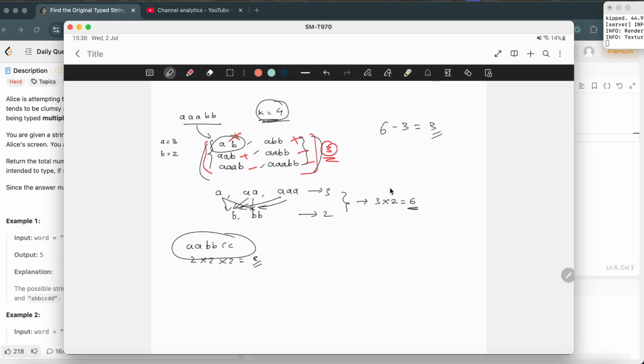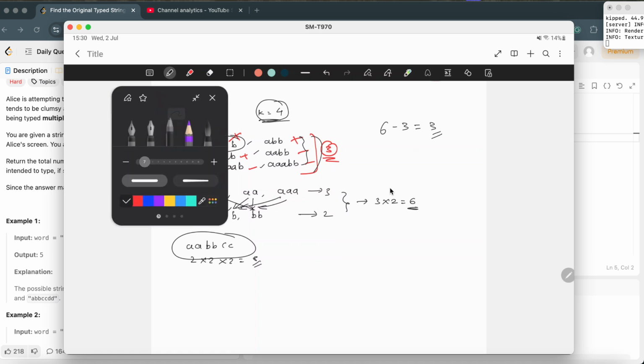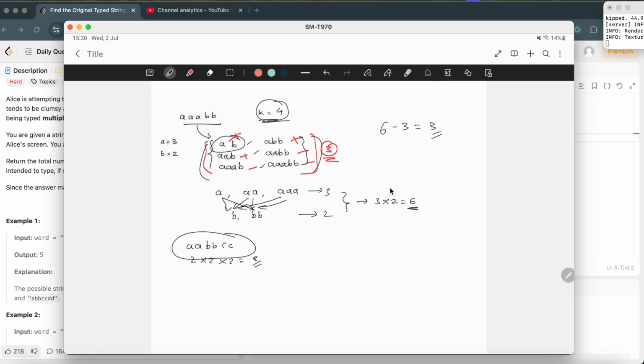So now the question is, we just try to figure out the invalid strings. Another watch: if we carefully see right over here, let us suppose k is equal to 2.